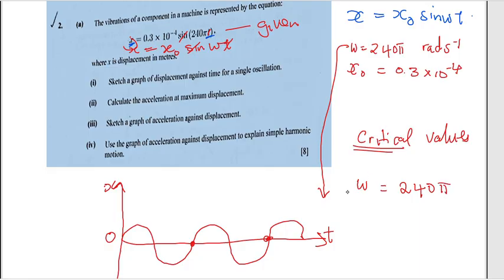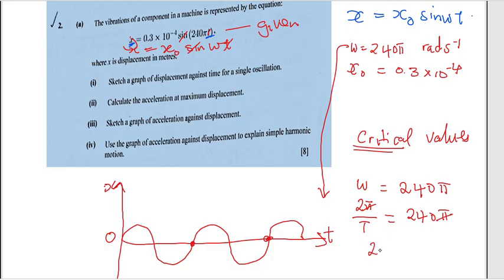Remember that omega is the same as 2 pi over period, 2 pi over T. So this is equal to 240 pi. We can solve this equation to find the value of T. We cancel pi from both sides, and then we cross multiply.